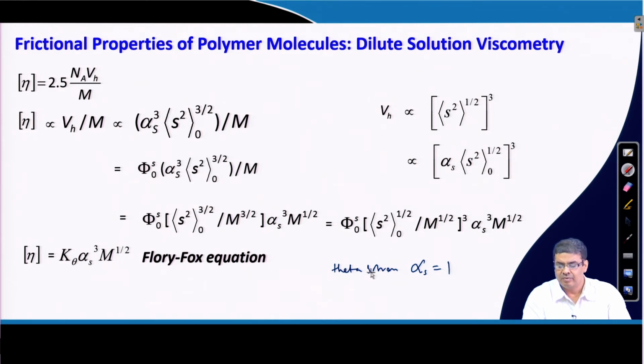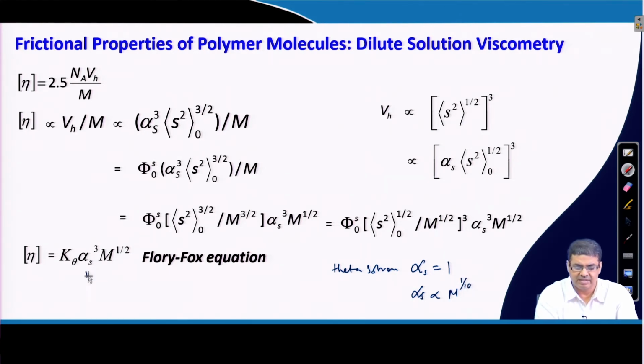Now, for dilute solution, when the solvent quality is good, this is actually proportional to M to the power 1 over 10, which means this term is proportional to M to the power 3 by 10, which means when we talk about these two terms together, they would be proportional to M to the power 0.8.